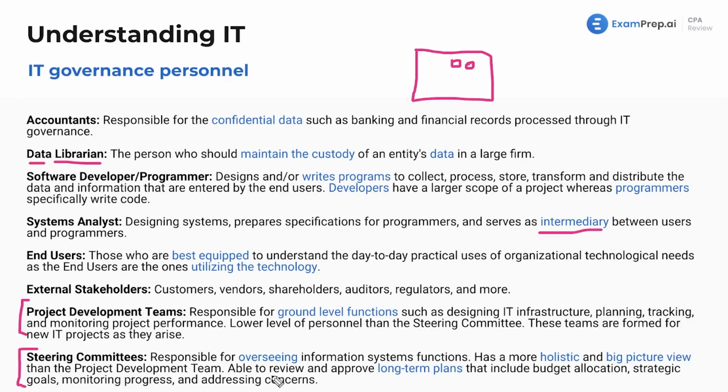I'm not sure if any of you had principals and presidents at your schools anywhere, whether it's high school, college, but generally the principal deals with the day-to-day of the students, and the president of the university or school, the president is the one with the more long-term focus, dealing with strategic goals, monitoring process, addressing concerns, yada yada. That is a good amount of our IT governance personnel.